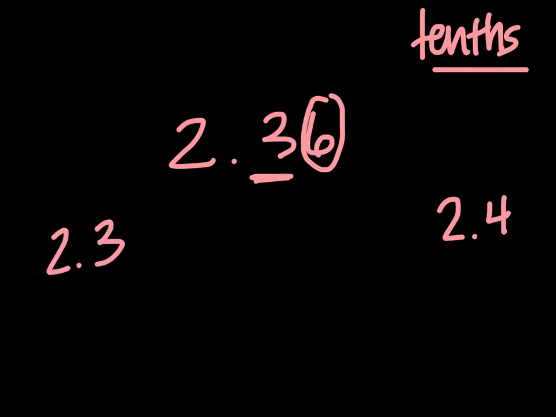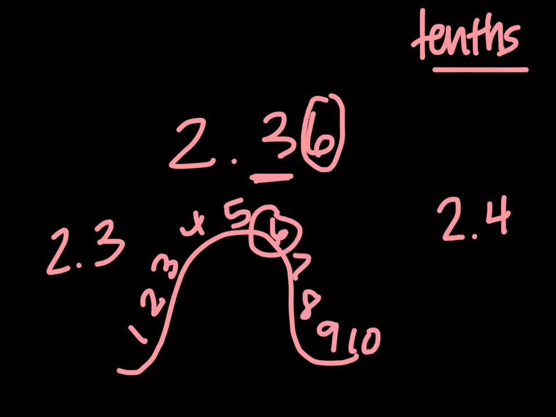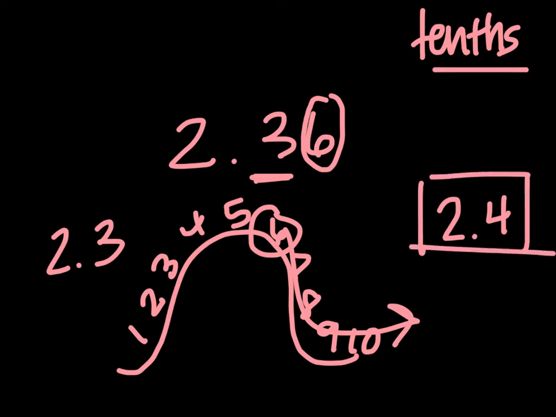If you think back to when you rounded with regular whole numbers, I always like to use a rounding hill. And I know that if you work your way up the hill and back down, the 6 is going to go forward to the next tenth place. So 2 and 36 hundredths is going to round to 2 and 4 tenths.